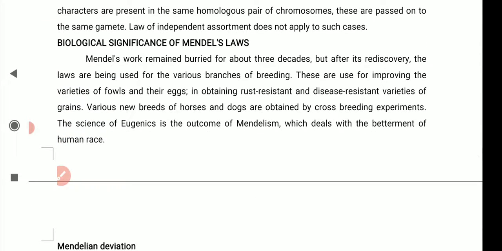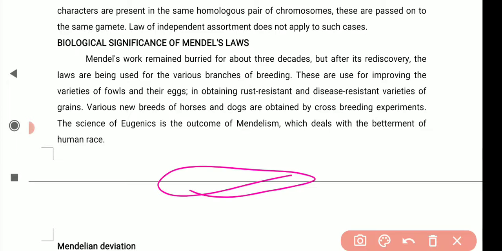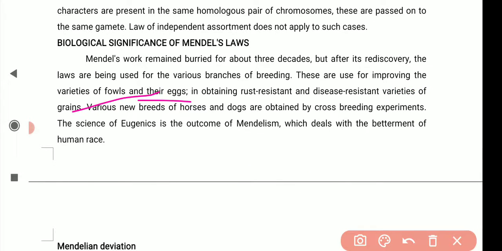So what is the significance of Mendel's laws? They are used for improving the varieties of plants or of fowls and their eggs. The chicken and eggs that we are consuming today are because of Mendel's laws. We have been breeding and interbreeding till we get what we like, the one that produces the biggest eggs and the best meat.